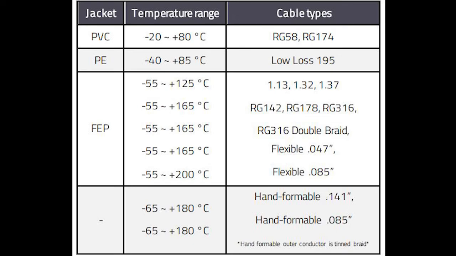Flexible 0.047 and 0.085 equipped with an FEP cable jacket provides advanced protection against oil and chemicals. Specifications define these cables can reach up to over 200 degrees Celsius. From a product assembly point, above 165 degrees Celsius is more appropriate when it comes to soldering process.